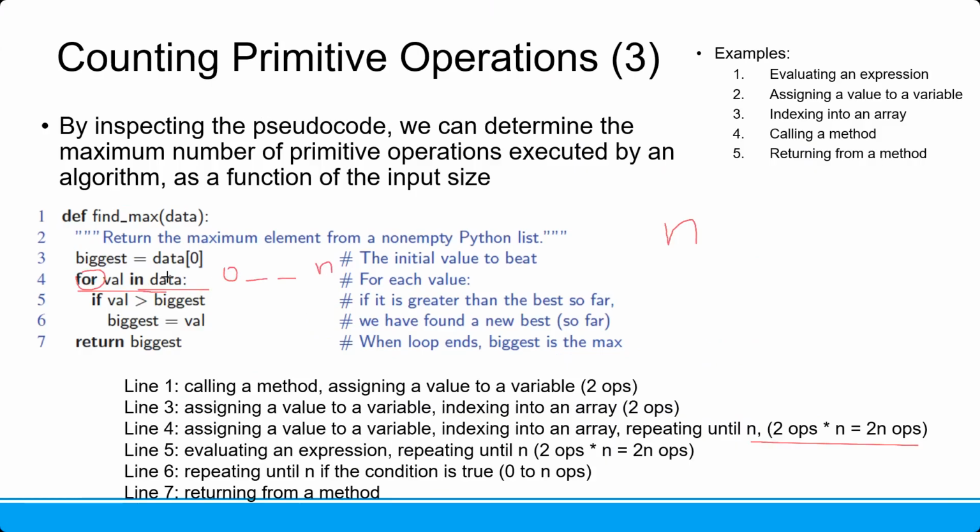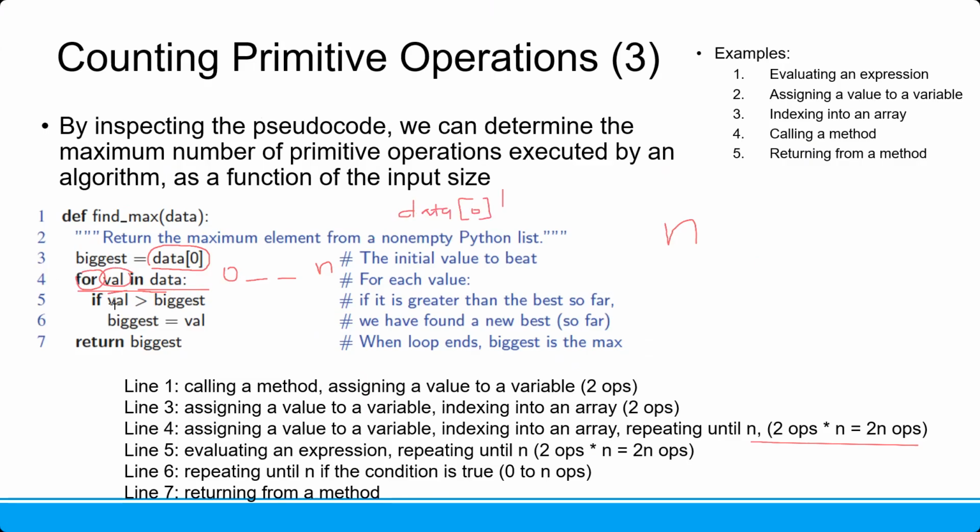And there is also another kind of operation we call indexing. For example, the data in position 0, the data in the position of value. This is one operation, and this is also another operation.